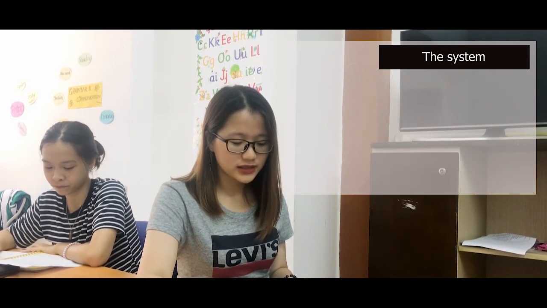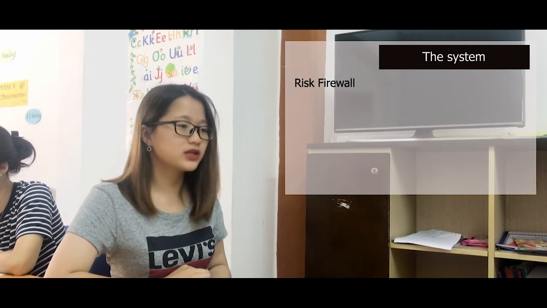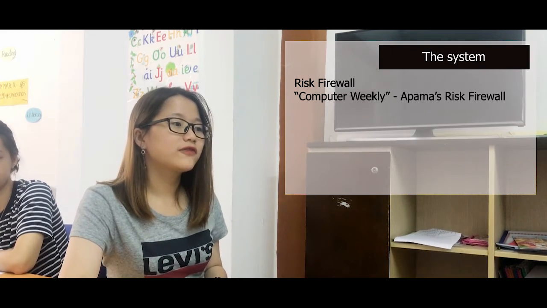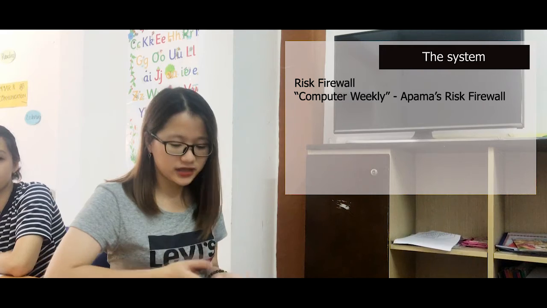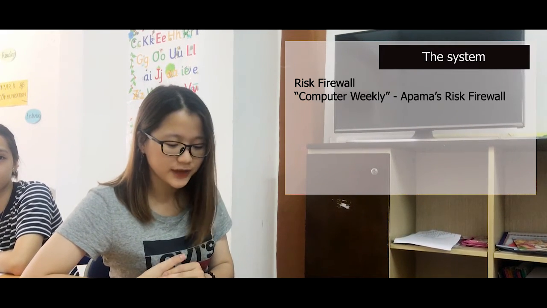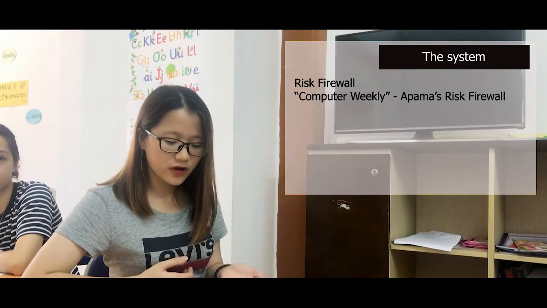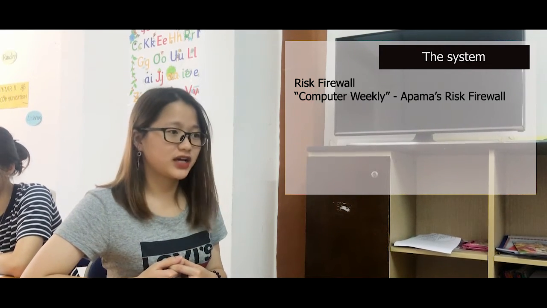The next one is the risk firewall. There's a Computer Weekly profile called the Infamous Risk Firewall. Its software designer designed software to monitor stocks and market activity in real time, so mistakes and fraud capable of triggering stock market crashes are identified immediately.